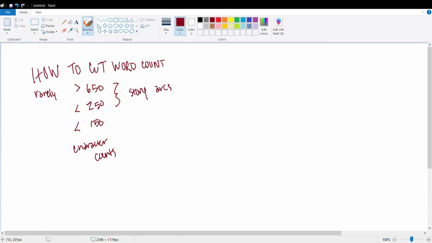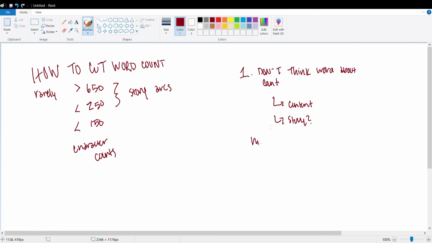And surprisingly, step one for how to cut word count is don't think about word count. Which is contrary to what a lot of people think. But in the beginning, you just need to focus on what content you want to share, what's your story. When you stress about word count before you've even started writing, it blocks the writing process.